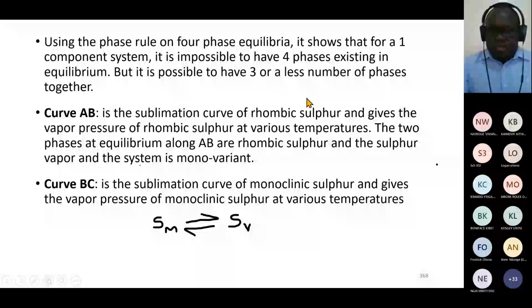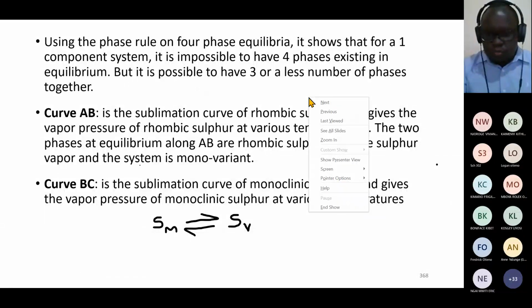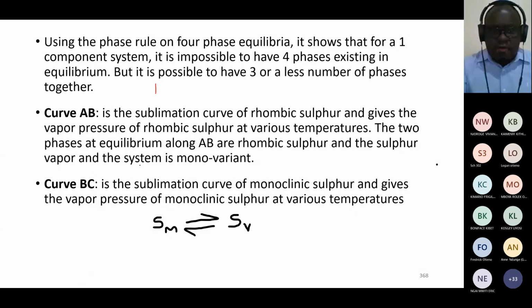If you consider the phase rule, which is F equals C minus P plus 2. So here, if you put in, it's a 1 component system, that is sulfur, minus we have 4 phases, plus 2.